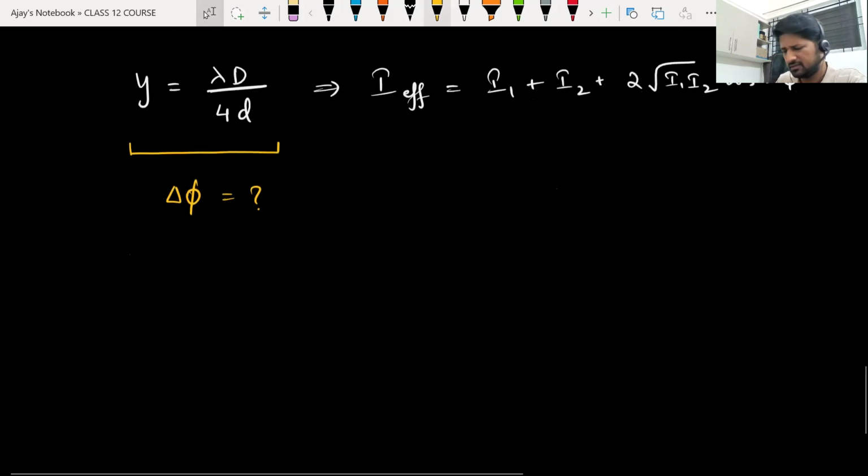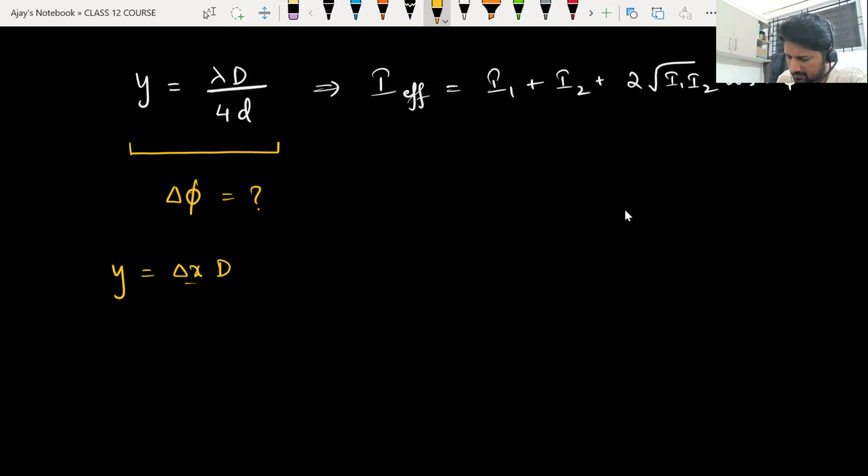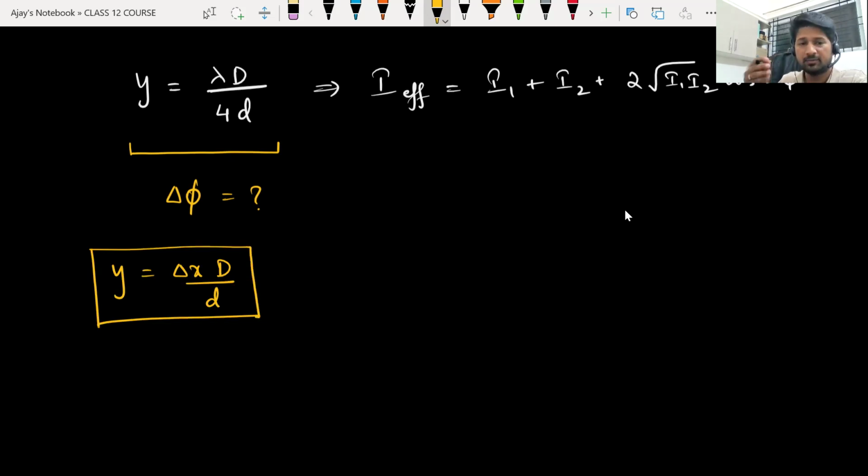You need to derive this once and also memorize it. y is equal to delta x capital D by small d. This is the relation between y coordinate and the path difference with which they interfere at that point in the standard YDSE setup. And we know the relation between delta x and delta phi.